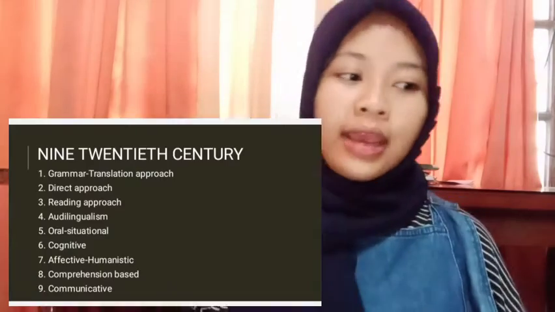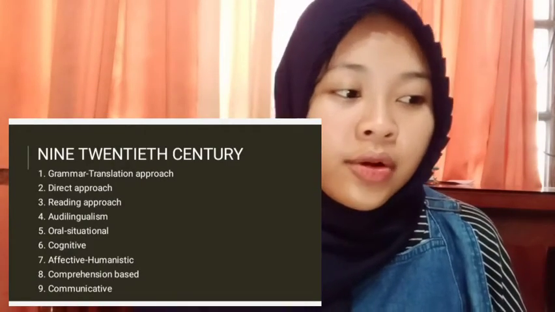Okay. What happened in the 19th century? In the 19th century, when you want to teach about methodology for foreign or second language, there are nine approaches you have to know. What are they?